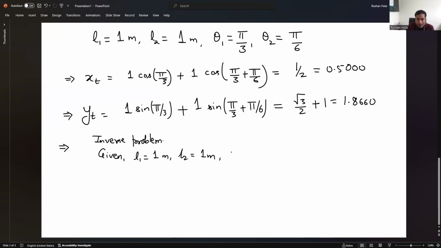L1, L2 are given. Let us say X tip comma Y tip is equal to 0.5000 and 1.8660. Given that X tip and Y tip are these, can you find the value of the angles theta1 and theta2?